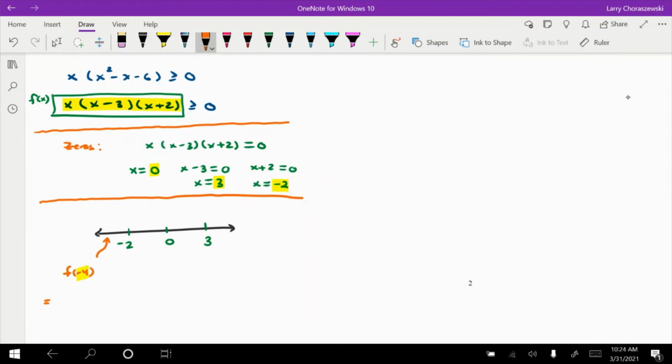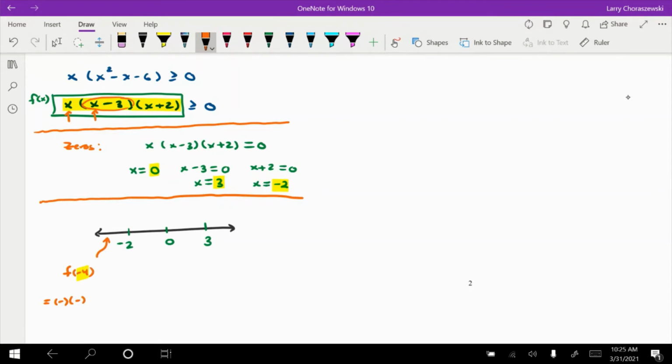Now, if we plug -4 into our first factor, that x turns into a negative number. If we plug -4 into our second factor, what kind of number do we get? Positive or negative? So if we plug -4 into here, that would give us -7.